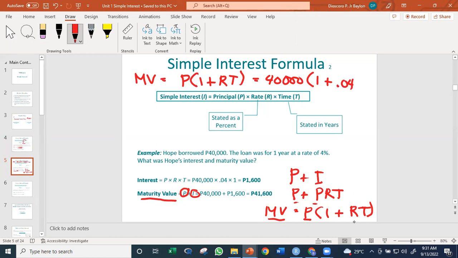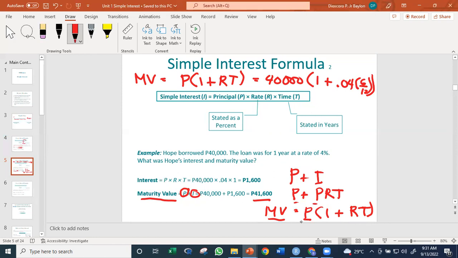And then our time is, that would be times 6 over 12. So if we perform this, we will get 41,600. Okay, let me pause for a while.